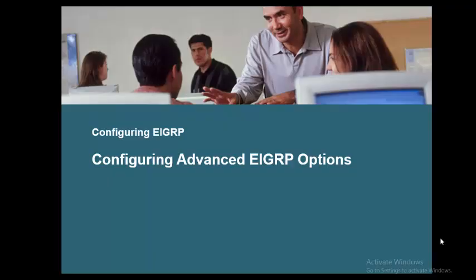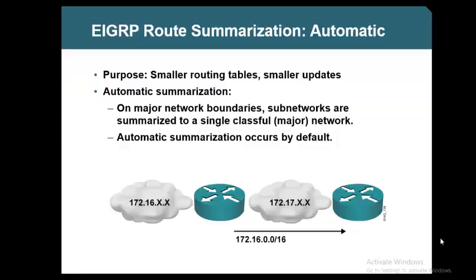In advanced EIGRP options, the first thing that we are learning is summarization. In any protocol, summarization is very important. Summarization improves the efficiency of the network.